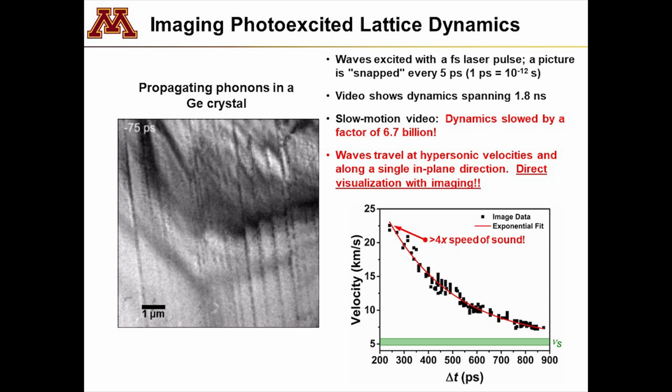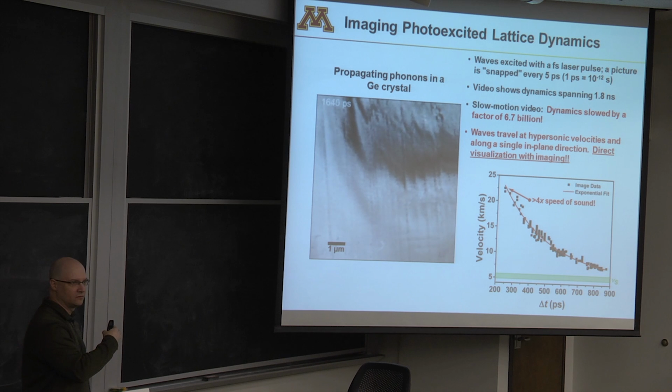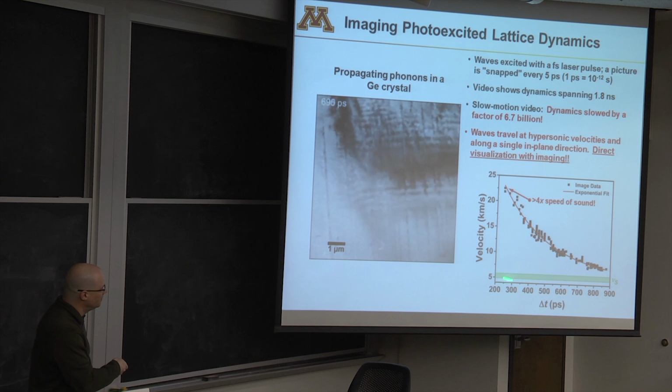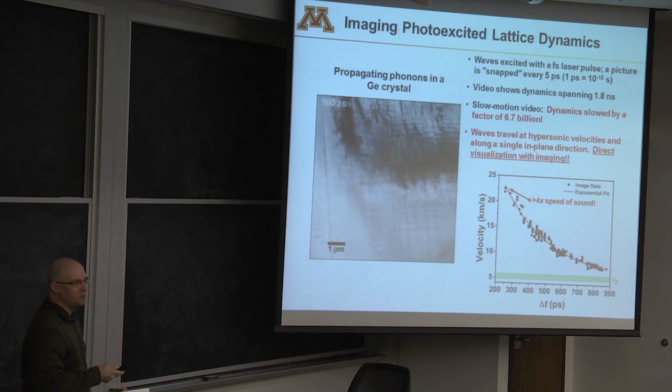The velocity doesn't change as it moves through here. But what happens is if you go later in time, the waves that show up later are actually slower than the previous ones. So you have this sort of slowing down of this process, and it actually asymptotes to the bulk speed of sound, which means the waves early on are hypersonic.